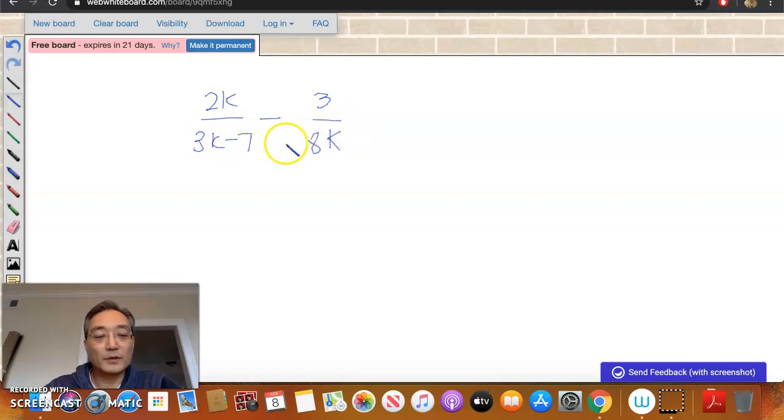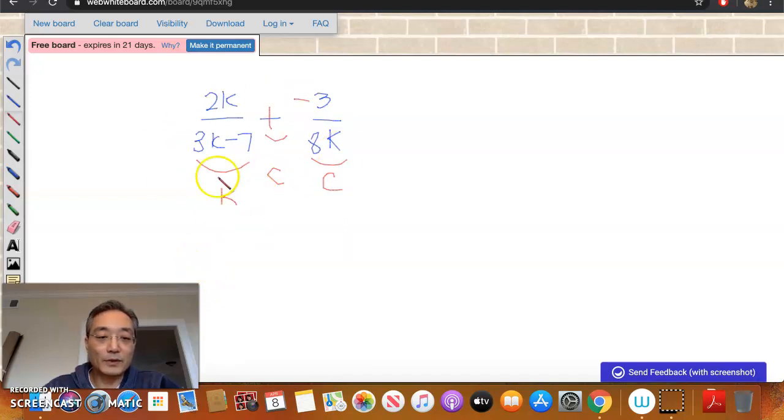In this case, I always like to change a subtraction to an addition. So keep, change the subtraction to an addition, and then change the second one into a negative expression.